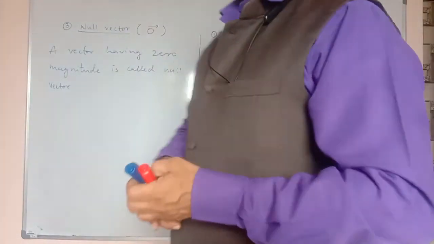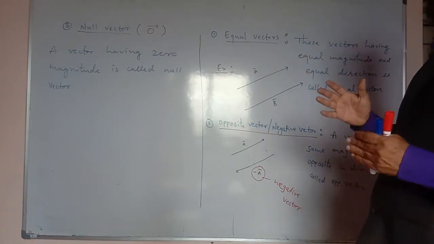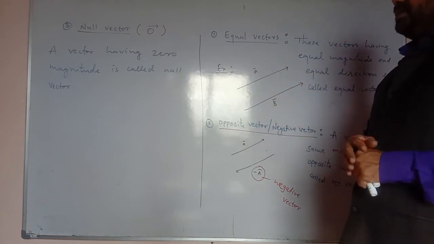So these are the fundamentals, basics, of this chapter. So such types of vectors are there.